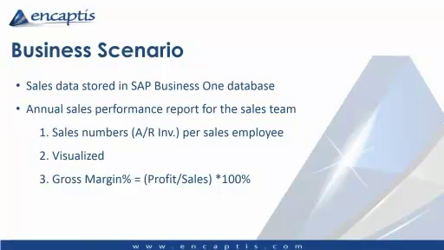And moreover, he required the report to have the gross margin percentage as a key performance indicator. So basically, these are the requirements for the report. And after understanding this, we can start to design the report.